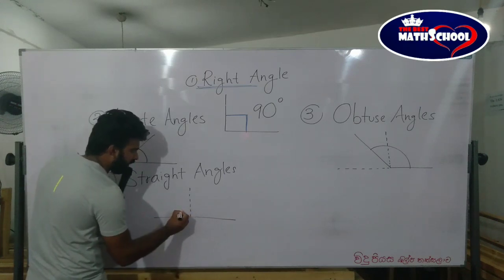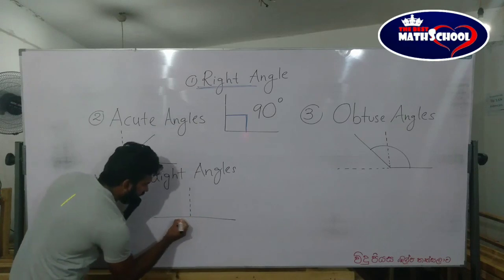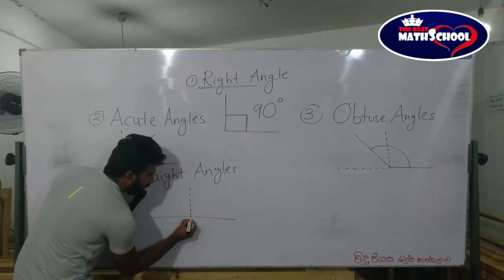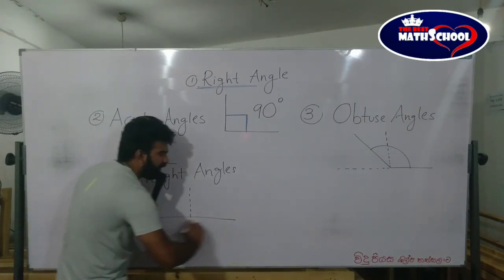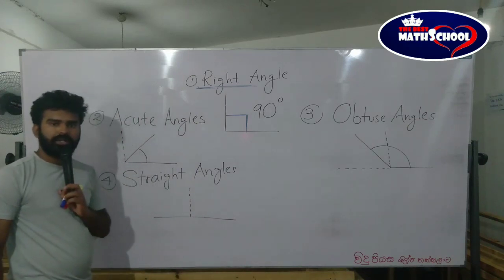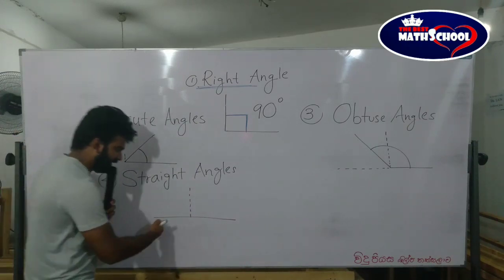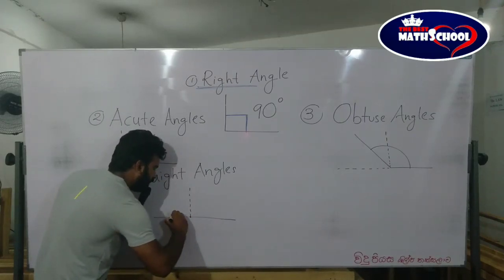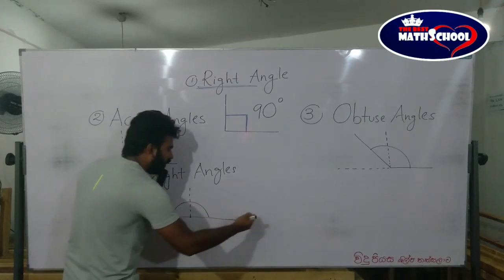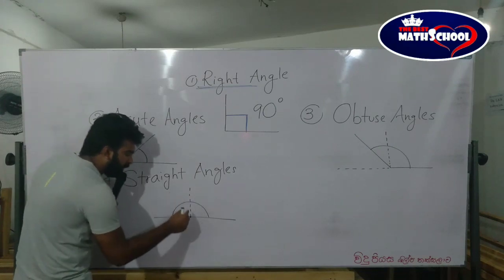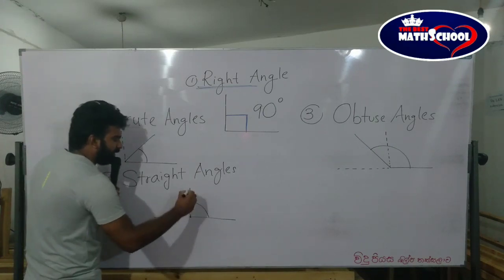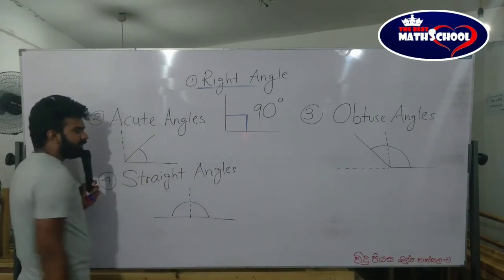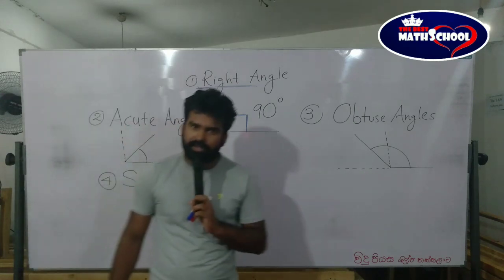So 90 and 90 together, when you take those two arms, will stay on a straight line. So you can see a straight line here. On this point, the angle will be created. So on a point of the straight line, the angle which is created is known as a straight angle.